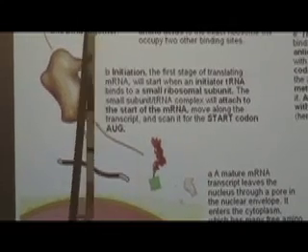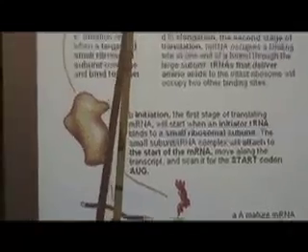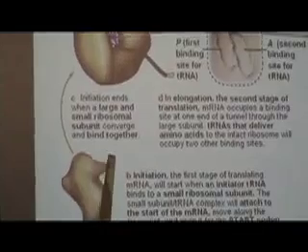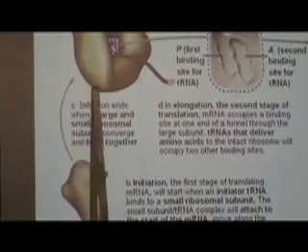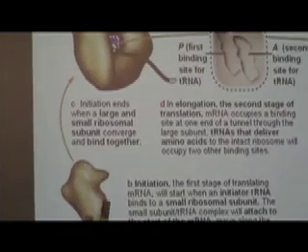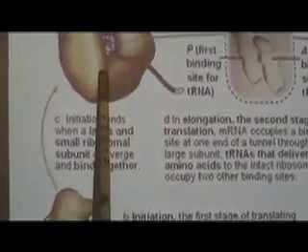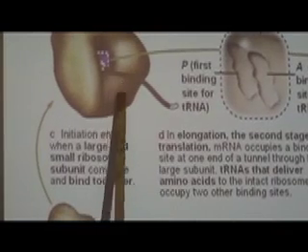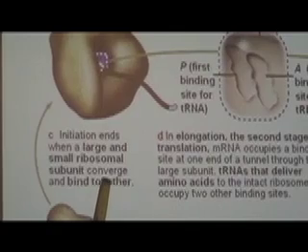Once that occurs, then the large ribosomal subunit comes along and the large and the small ribosomal subunit join, and this creates the end of initiation. We have all of the players together with the large and small ribosomal subunit. The messenger RNA sort of feeds through the middle, and then the tRNA is also on the inside.